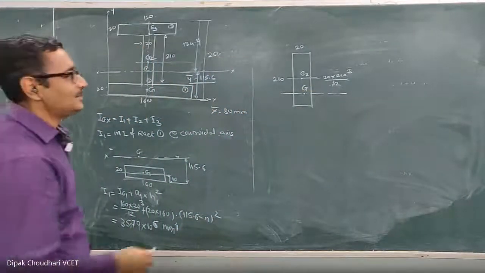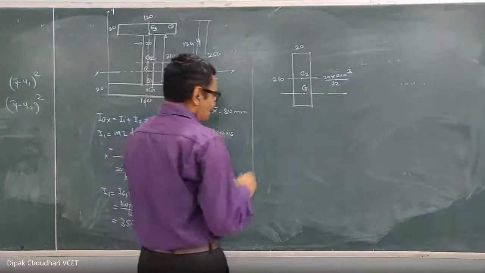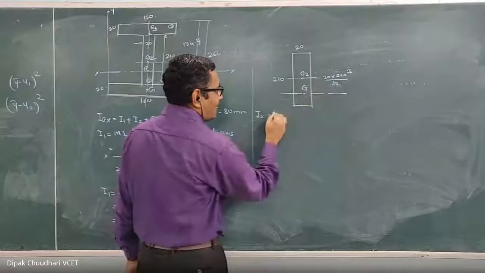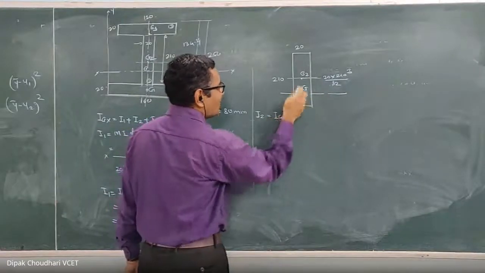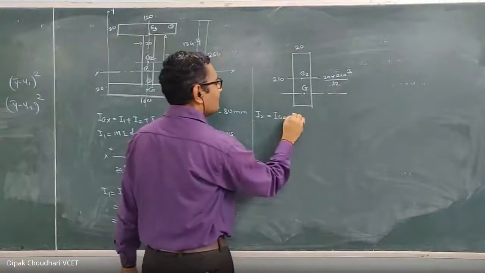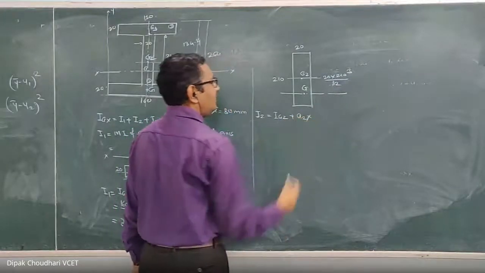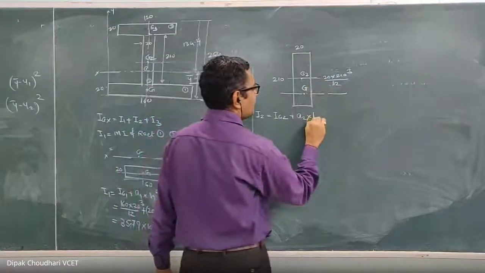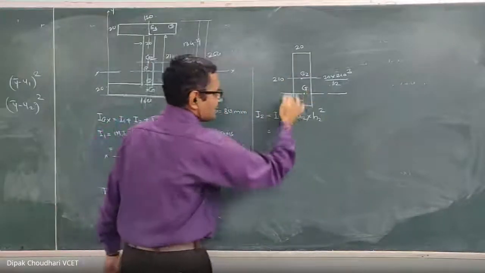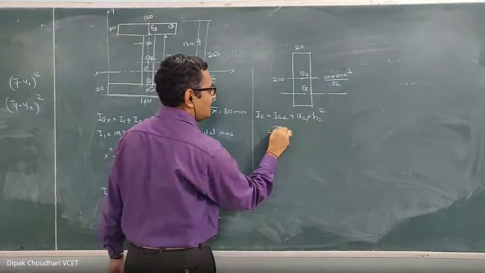Understood? Okay. So I am writing I2 equal to, according to the parallel axis theorem, IG2, the moment of inertia of this rectangle about its own centroidal axis, plus area A2 into square of the distance. I am writing it as A2 h2 square.